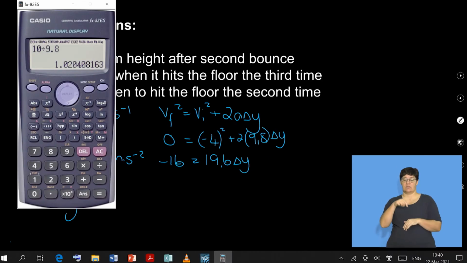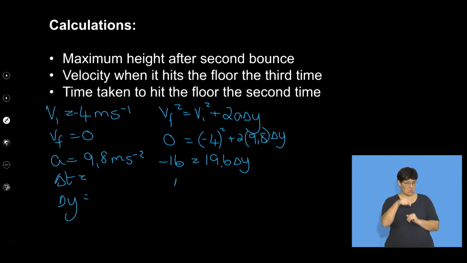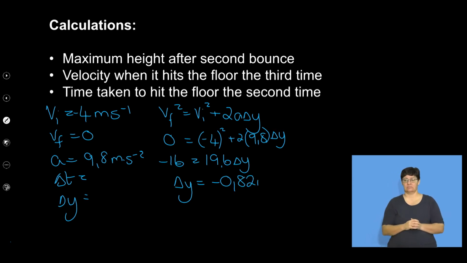Okay, so minus 16 divided by 19.6. And now it's only minus 0.82, so it's significantly lower. And I'm okay with that.